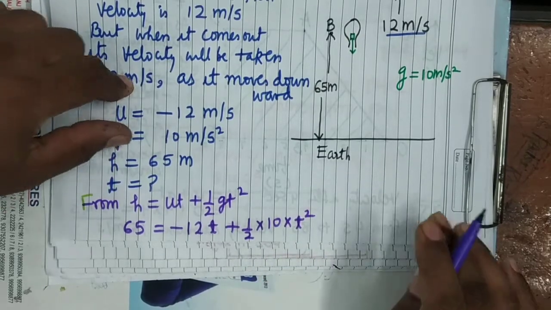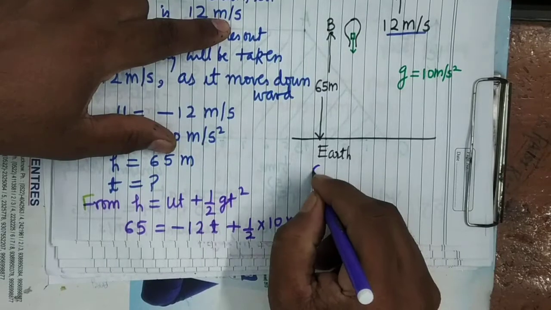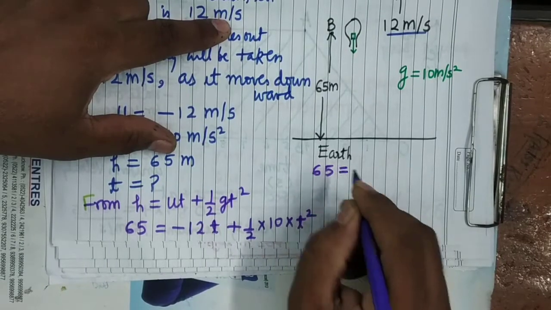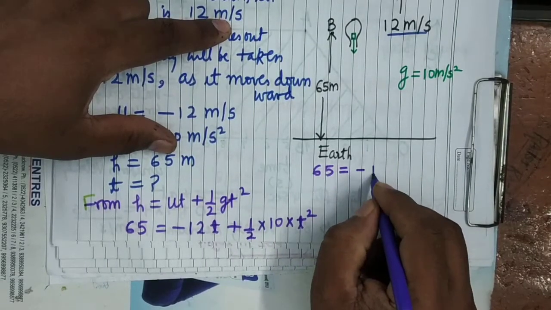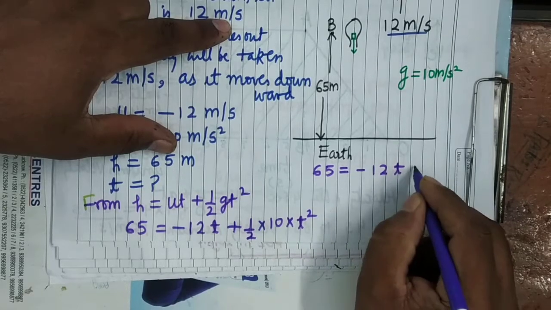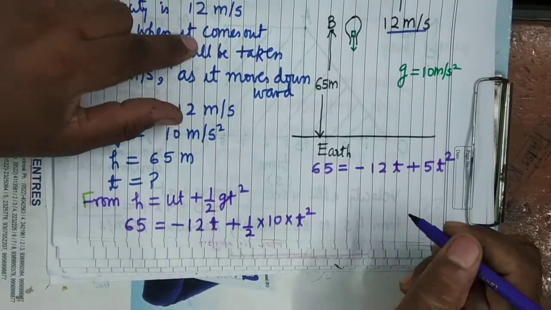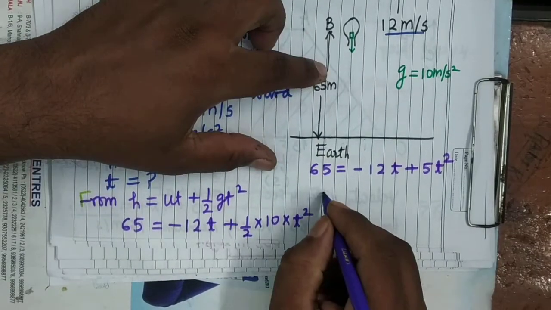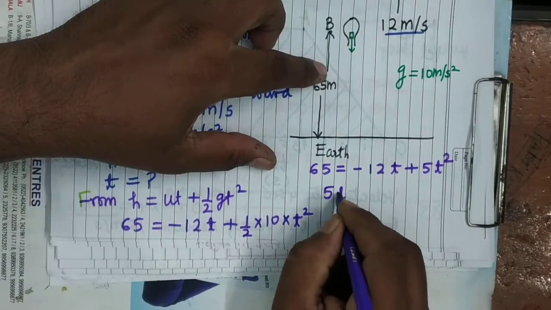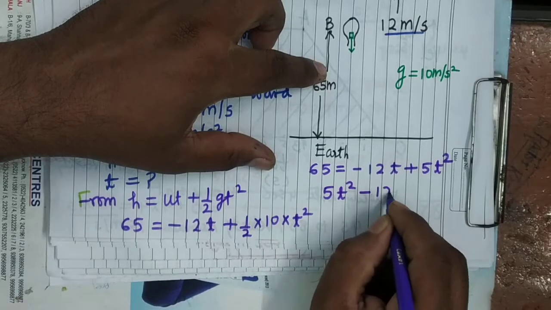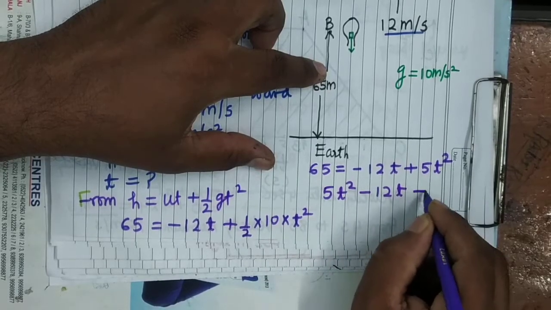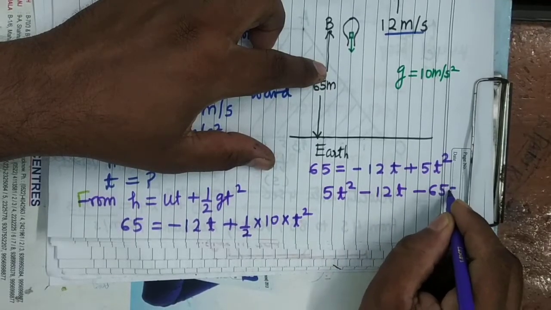On simplifying, what will you get? 65 equals minus 12t plus 5t square. So what will be the equation? 5t square minus 12t minus 65 equals 0.